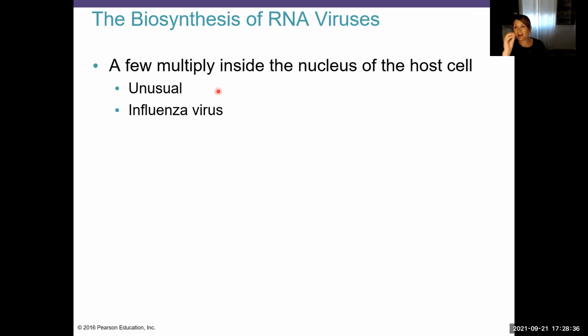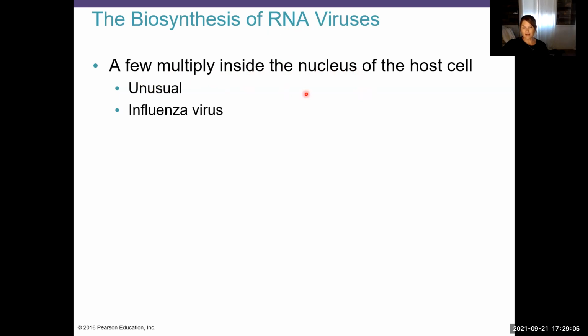If it's already RNA, doesn't everything that happens to the RNA happen outside the nucleus? Transcription or translation of the RNA happens outside the nucleus, right? Most of that stuff happens outside the nucleus, but some viruses, like influenza virus, which is an RNA virus, actually get inside the nucleus to multiply. So that's a little bit unusual.